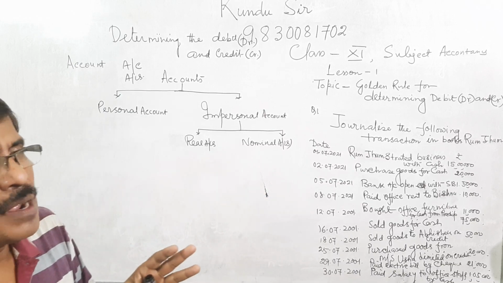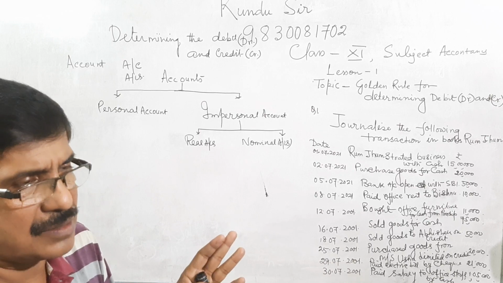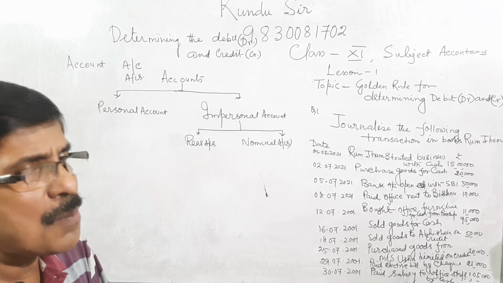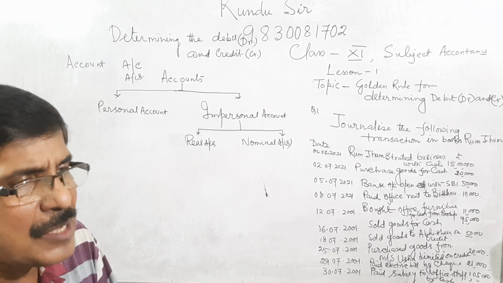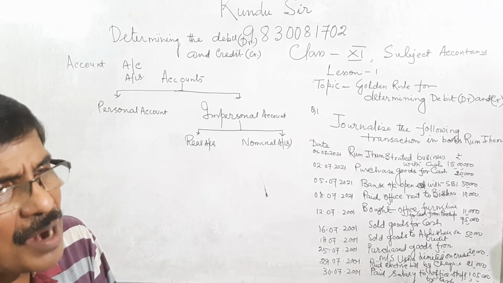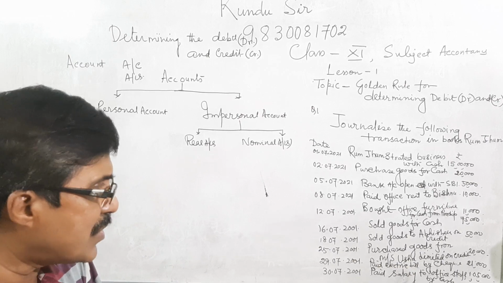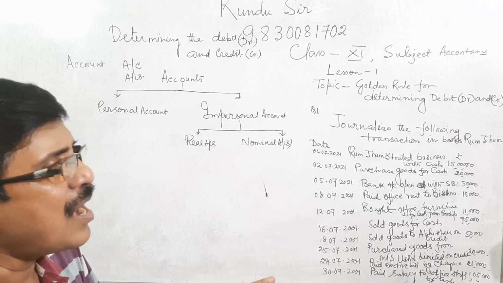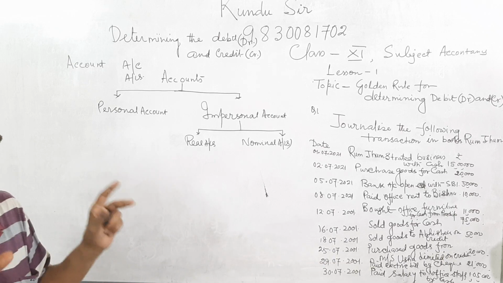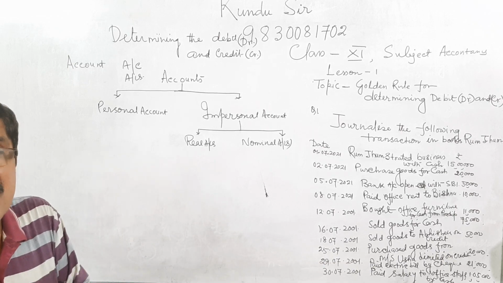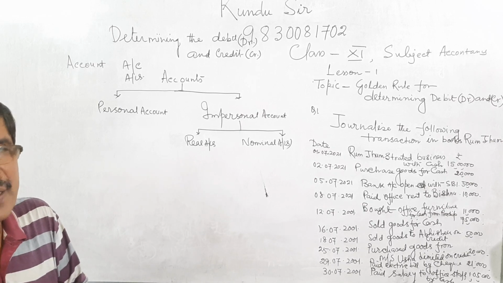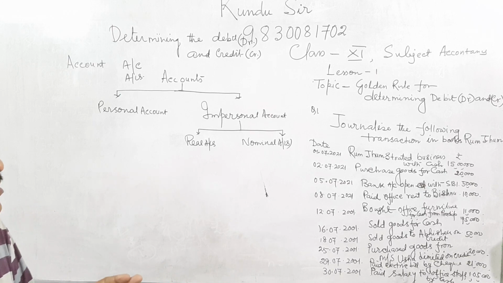All are events, but all events are not transactions. Some events involve money, bank, or cash, or are convertible into money or monetary terms, and those events are called transactions. So we conclude: all transactions are events, but all events are not transactions. If events can be expressed in monetary terms, then they are termed transactions.